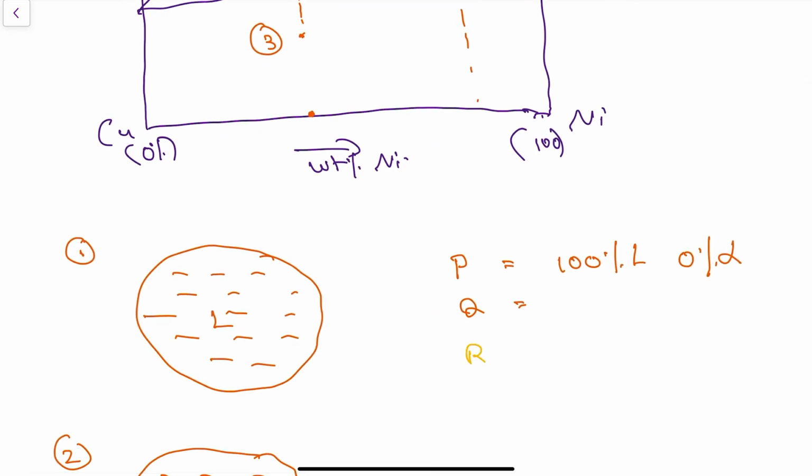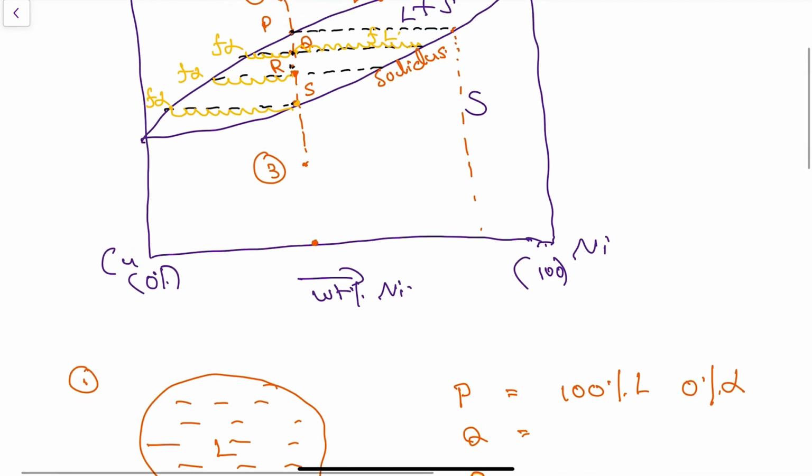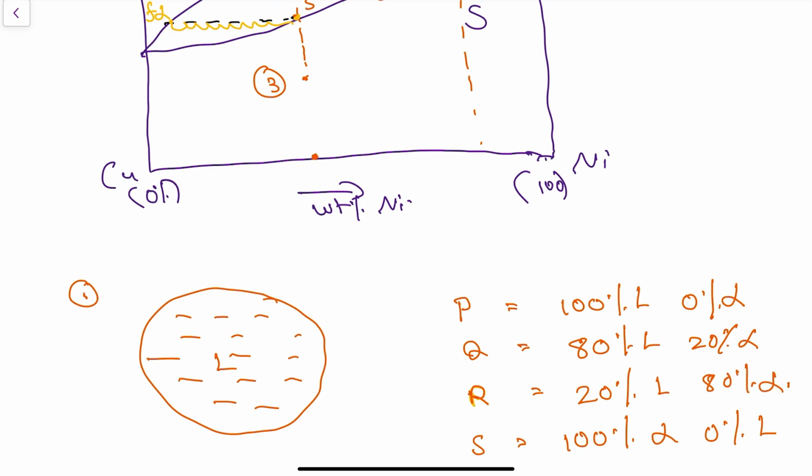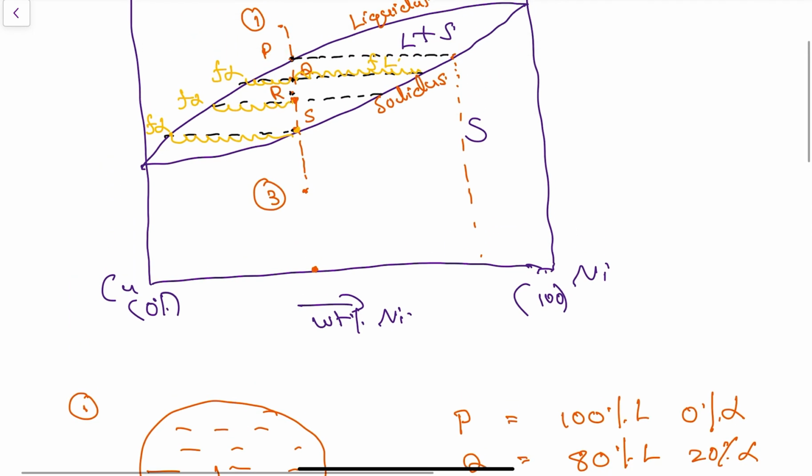So along P, Q, R, S, when it reaches here, it is 100 percent alpha and 0 percent liquid. Assuming at Q it will be around 80 percent liquid and 20 percent alpha, and here it will be 20 percent liquid and 80 percent alpha. This is how the composition is changing.